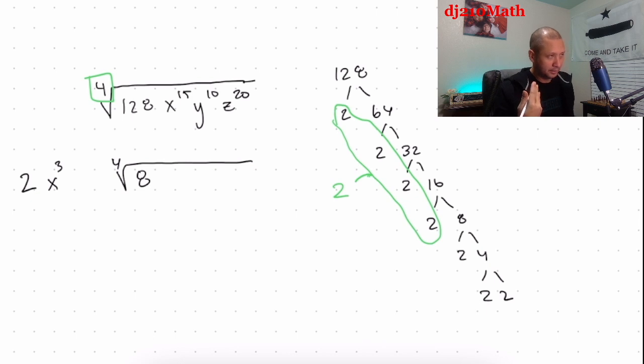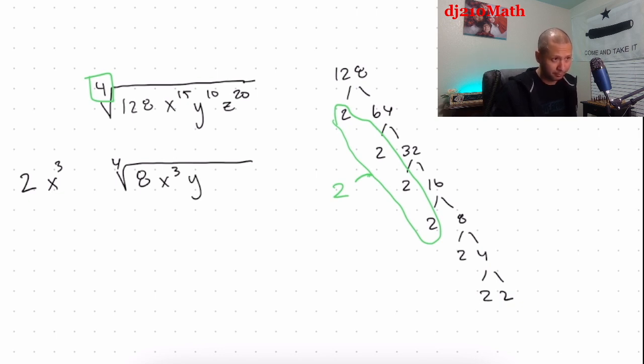And because 4 times 3 is 12, that means there's going to be 3 x's left inside. So hopefully you can follow this logic. 15 divided by 4, the whole number is going to be 3, remainder 3, because 12, remainder 3. The remainder stays inside, and the 3, the whole number, comes out as the exponent outside of the fourth root.